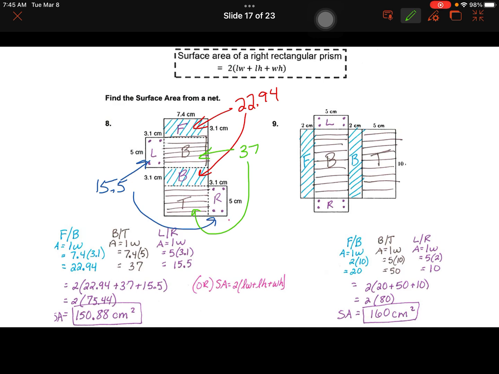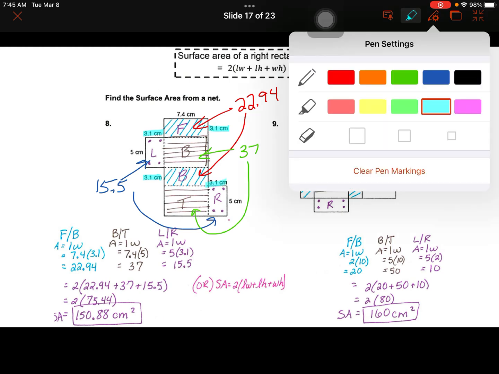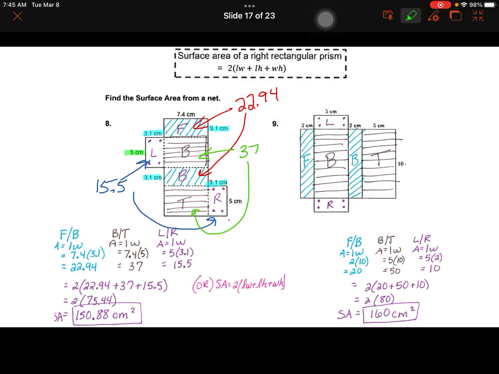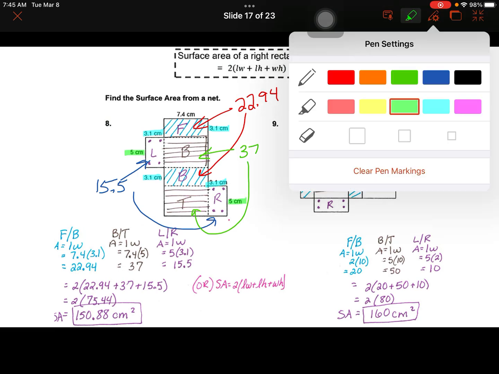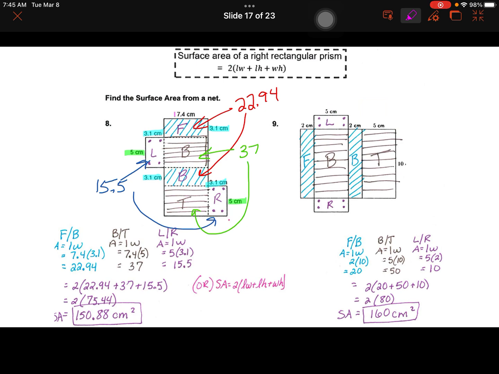You also, if you notice, have all of these 3.1s. Those are all the same. And then you have 5 and 5 listed more than once, and you have 7.4 listed once here.